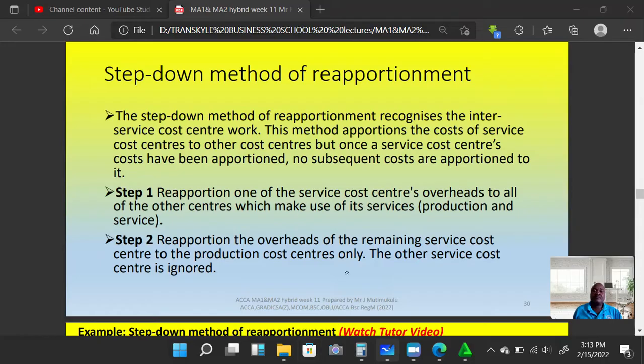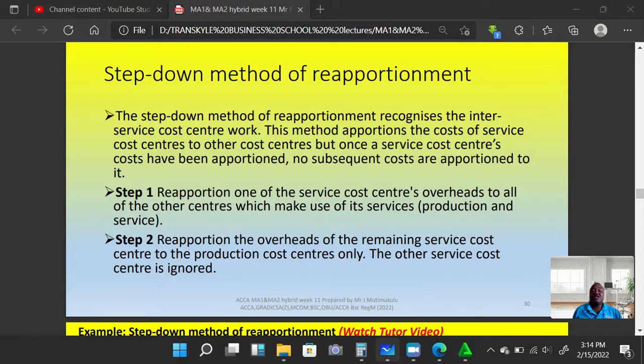But remember, before we do that, there are two stages in the step down approach which you have to get used to. Step one: reapportion one of the service cost centers' overheads to all the other centers which make use of its services, that is production and service cost centers.